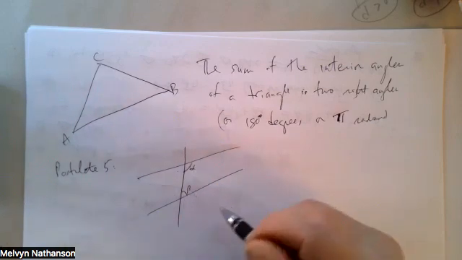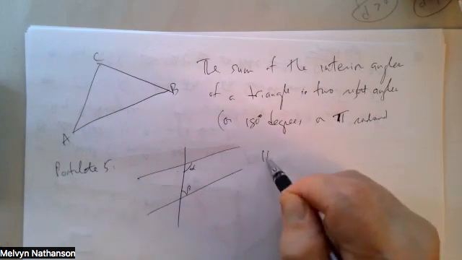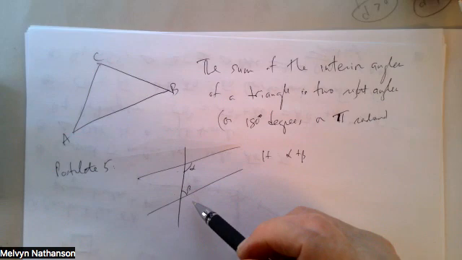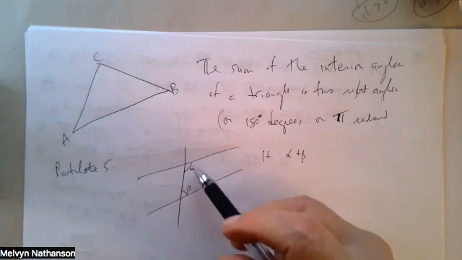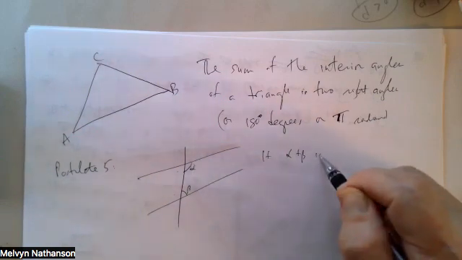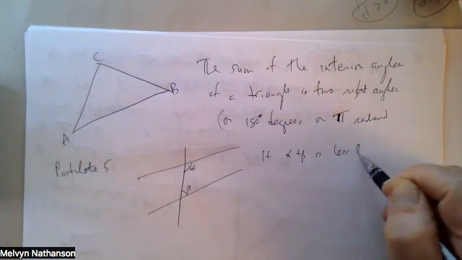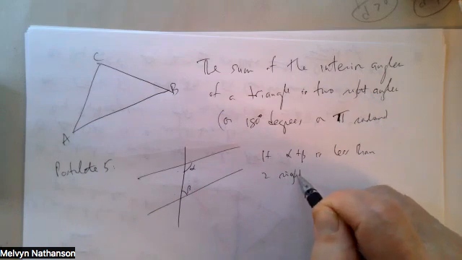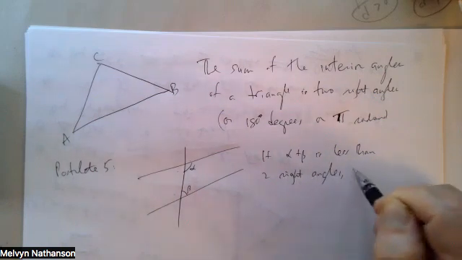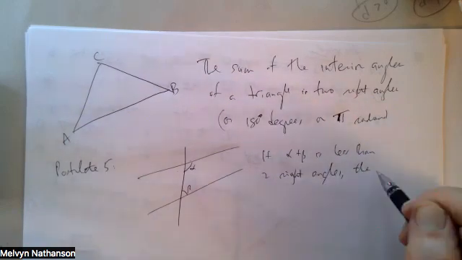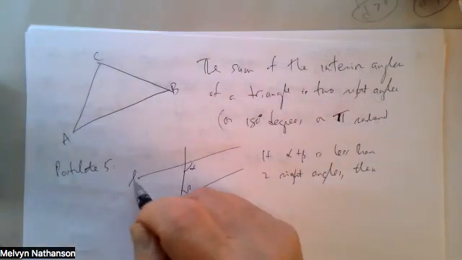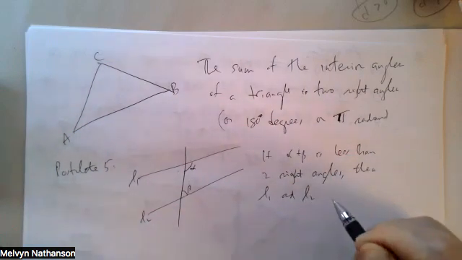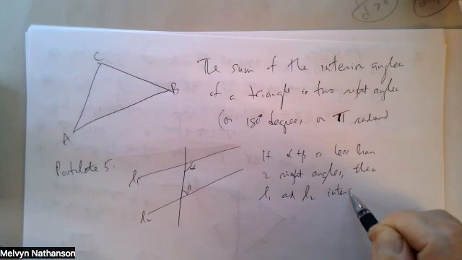If you take 2 interior angles on the same side, if alpha plus beta, if the sum of two interior angles on the same side of one line crossing 2 others is less than 2 right angles, then for this line L1 and L2, then L1 and L2 eventually intersect.